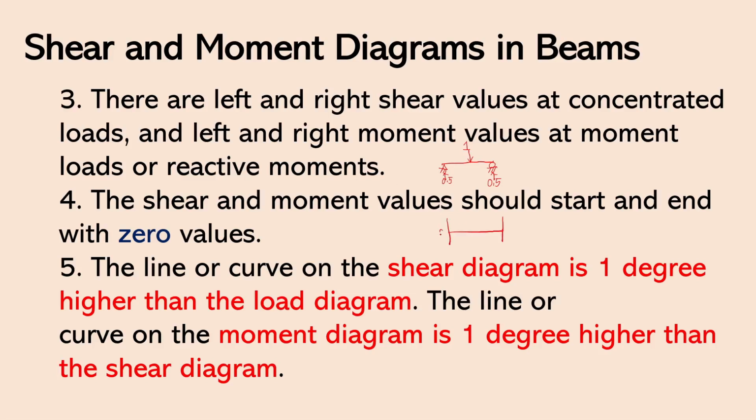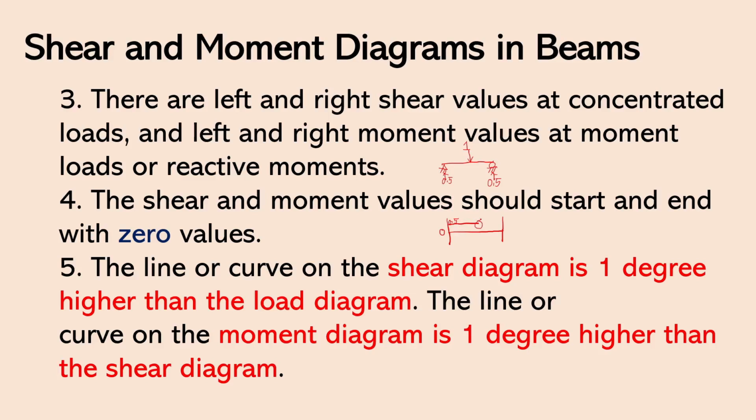Let's say this is our zero line. At this portion, we will go up by 0.5. Because this is upward. So we go up 0.5, and then since there is no load here, we will just draw a straight line. Because our shear is constant up to this point.